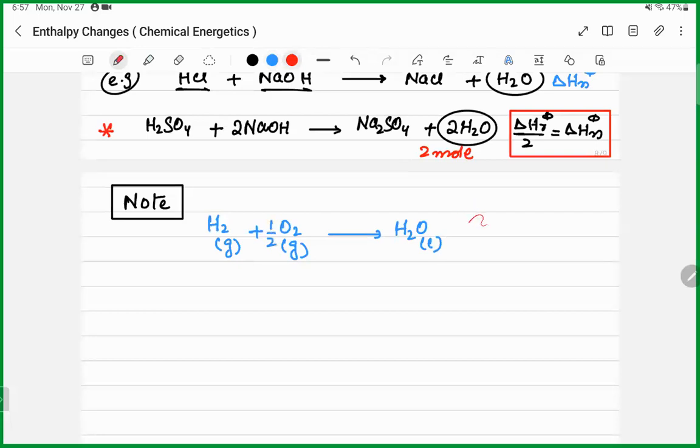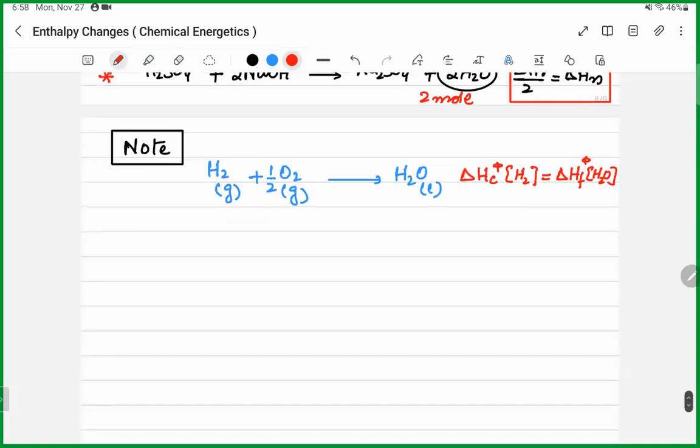This is basically delta H combustion of hydrogen. अब जरा formation of water की equation बताइए. Formation of H2O, equation for the formation of water यही है. Can I say that the combustion of hydrogen and the formation of H2O is the same thing because it involves the same chemical equation? ठीक है, true.